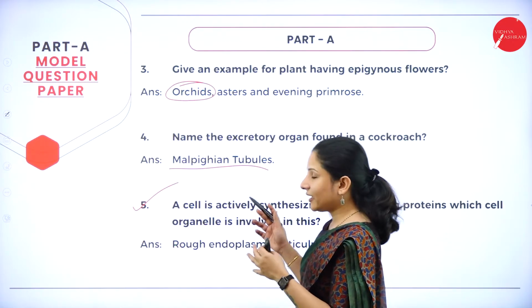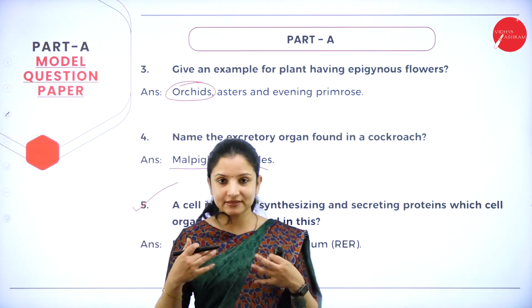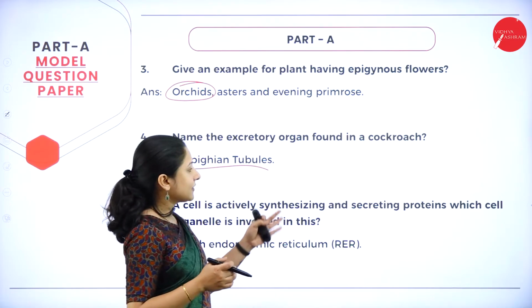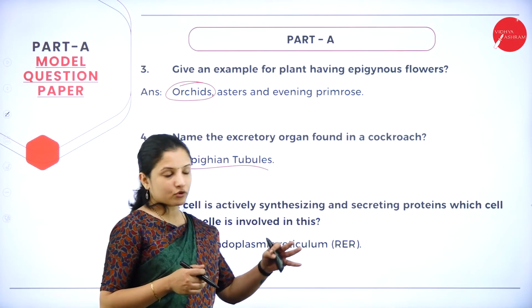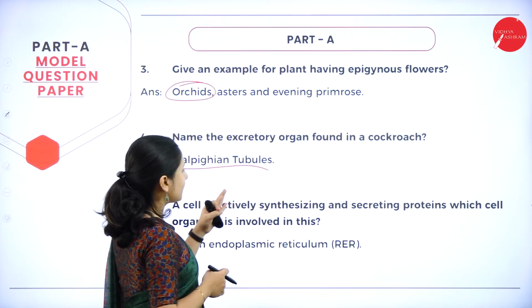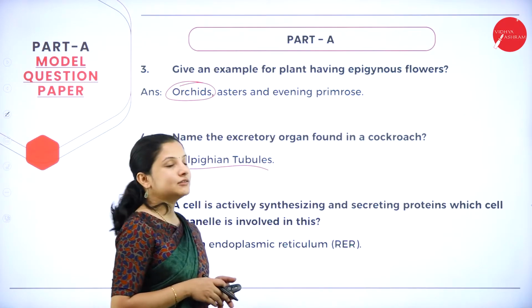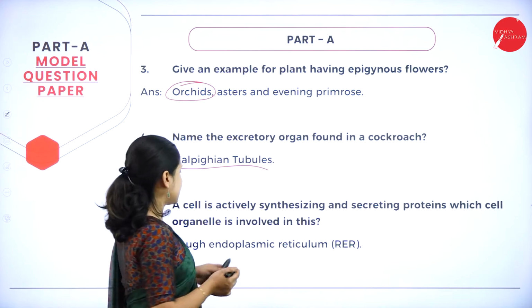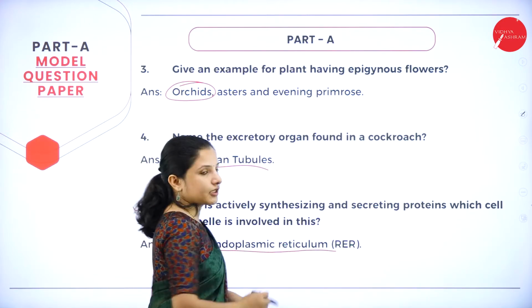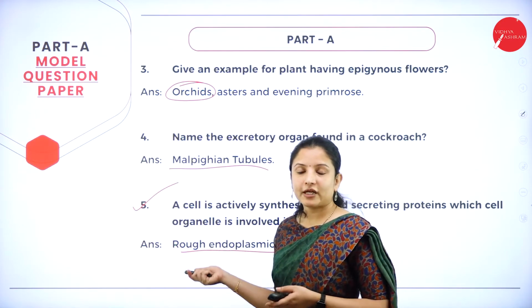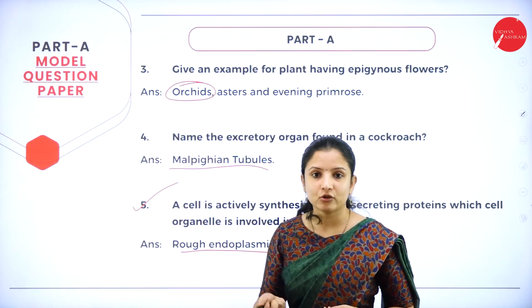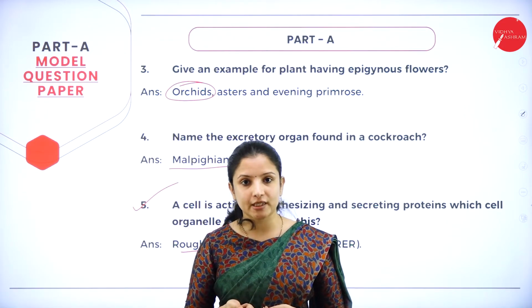They themselves have told that there is a cell that is actively synthesizing and secreting proteins, and asked which cell organelle is involved in this. It is nothing but the rough endoplasmic reticulum. Again here, in endoplasmic reticulum, we have the smooth endoplasmic reticulum and the rough endoplasmic reticulum.